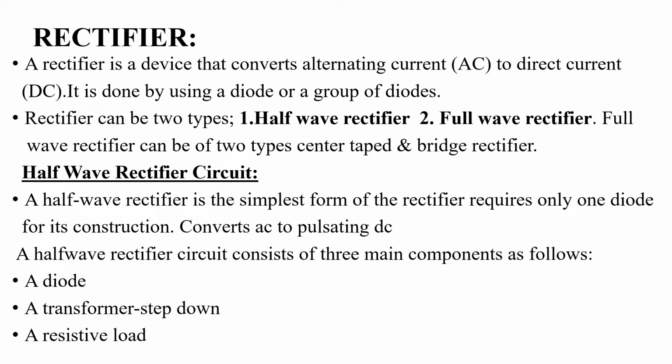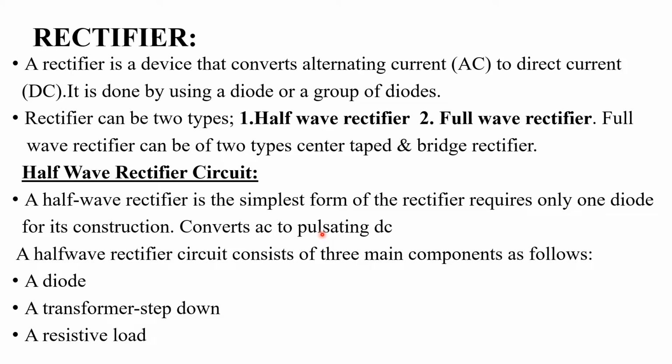Basically, a rectifier is a device which will convert alternating current into direct current. For that purpose, the main requirement is a diode. If we rectify the AC input signal to DC by using a single diode, then it is known as a half-wave rectifier.